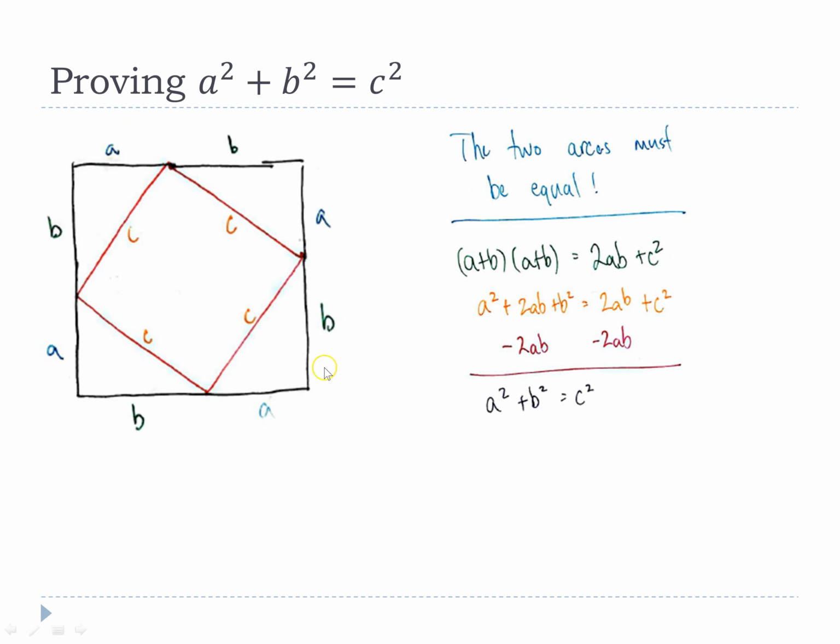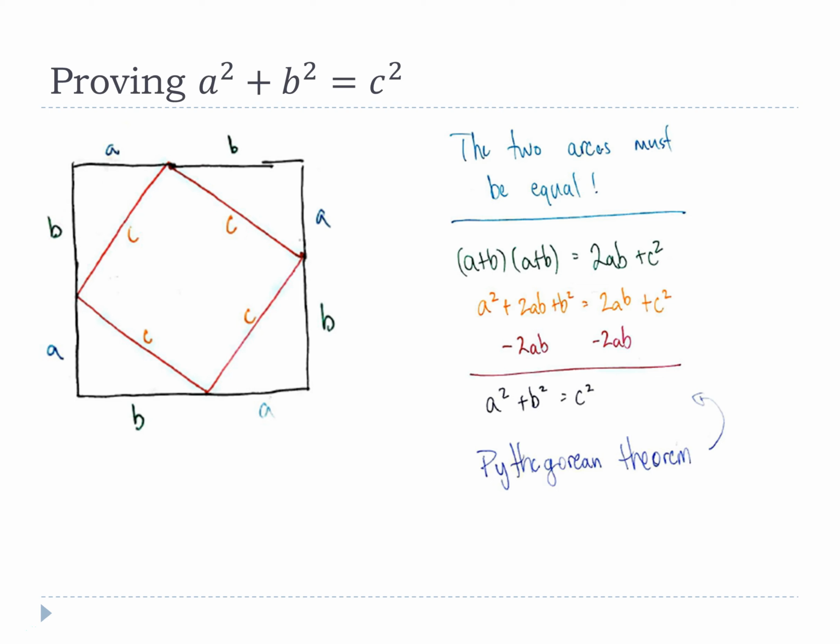It talks about the relationship between the sides, but we can use any square because a, b, and c are just variables. As long as a, b, and c form a right triangle of some kind, this formula will always hold true because I can make this square. So the Pythagorean theorem is another way of expressing the area of a square within a square. Kaboom, that's the Pythagorean theorem.